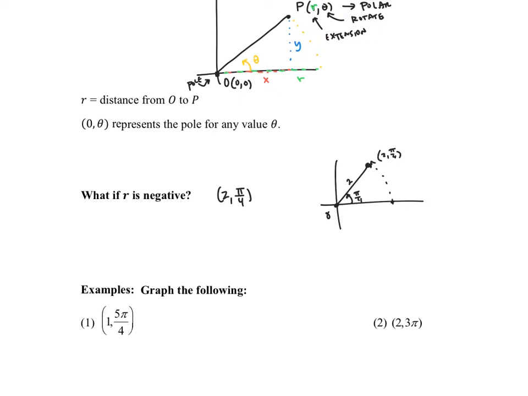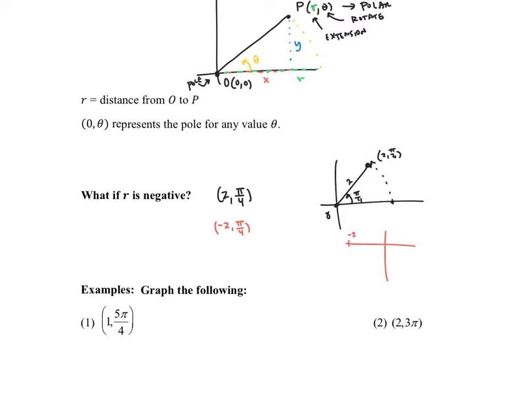So how would this be different if we were to have a negative R value? Let's go negative 2 comma pi over 4. Recall that any angle that's positive is a counterclockwise rotation. So instead of extending to the right, we'd extend to the left.